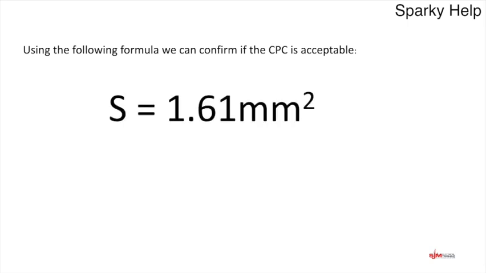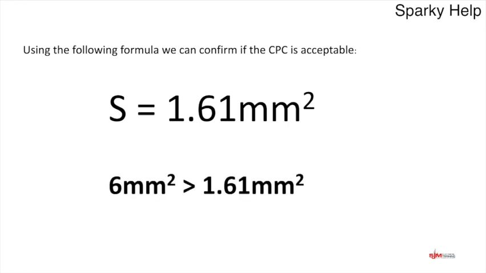Now that is in millimetres squared. Now this is the minimum size cable, in theory, that you could get away with. All we're actually going to do is compare it with our 6mm, and if this figure that we've just calculated is bigger than our 6mm, it means the 6mm is inadequate and would need to be changed. Does that mean we could put a 2.5 cable in?